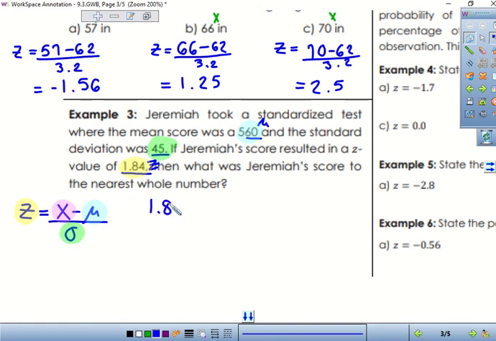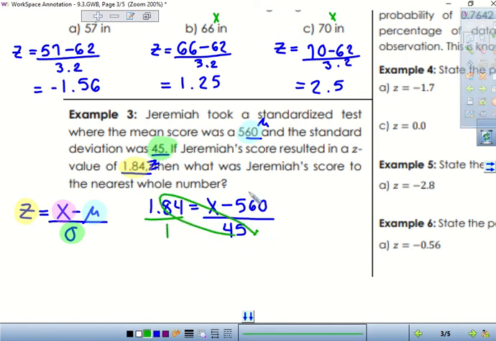So that's going to be 1.84 equals x minus the mean over the standard deviation, which is 45. And then we can just use algebra to solve this. So I'm going to put it over 1, and I'm going to cross multiply. And that's going to come out to be x minus 560 is equal to 1.84 times 45, which is 82.8.